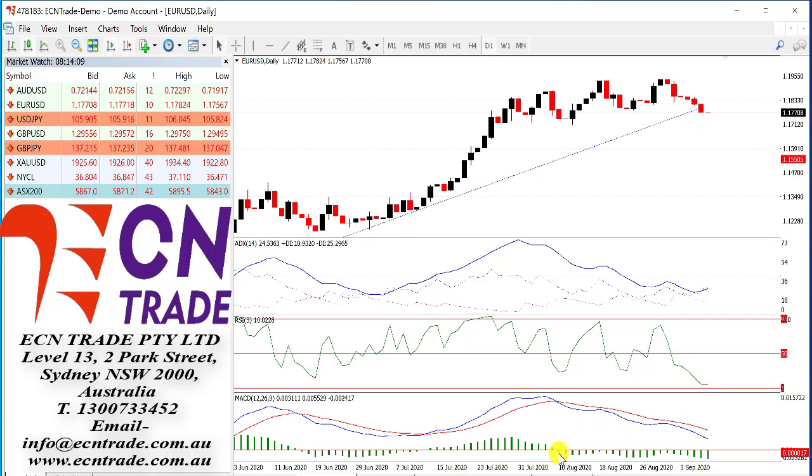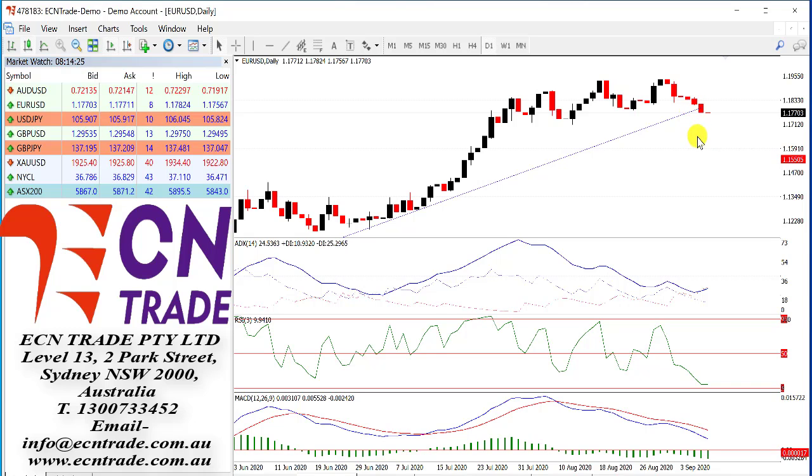Purely the MACD, that is, but it cut the zero axis, can give us a depth towards 117, 116 and maybe even 115.5.